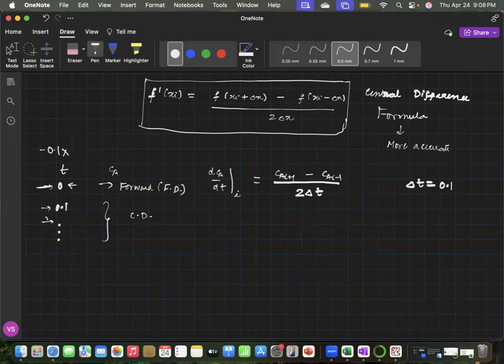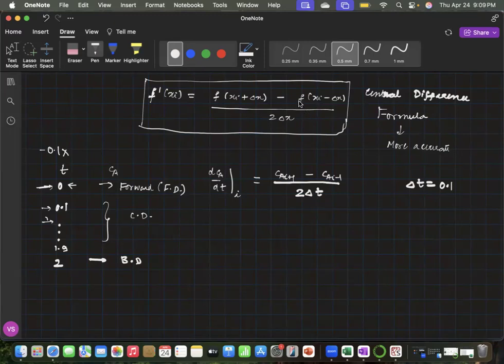And finally, at the last point, which went on till 2, if you remember, we have a point behind it, so here we would use the backward difference. So in the first point, t equals 0, we use the forward difference. For the last point, we'll use a backward difference. And for all the others, we'll use a central difference formula. So hopefully this part is clear.